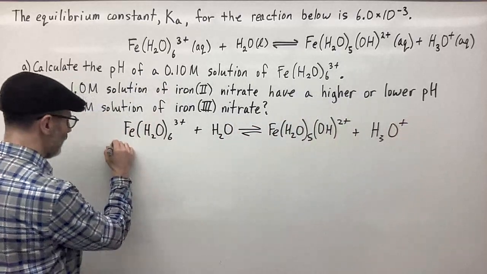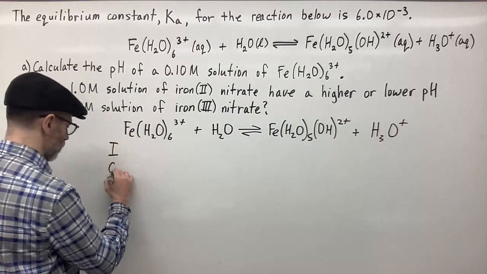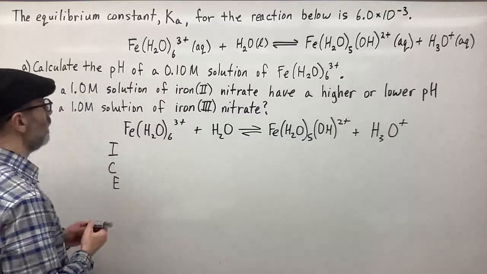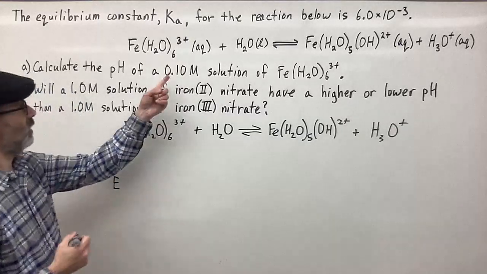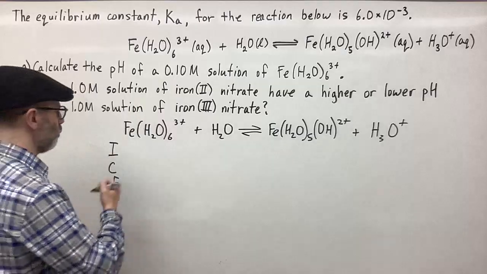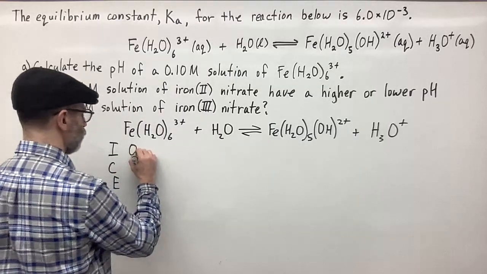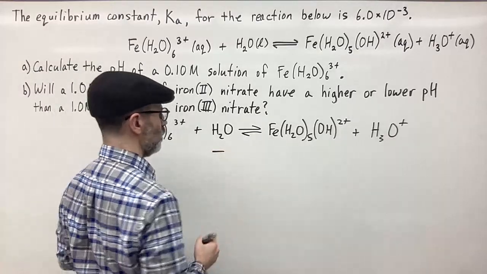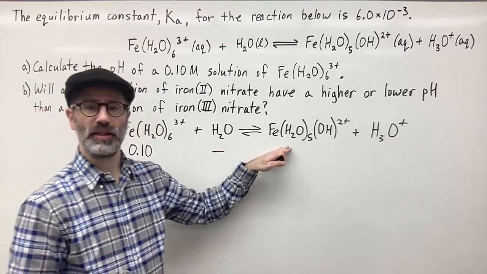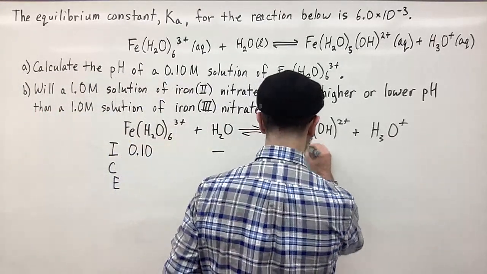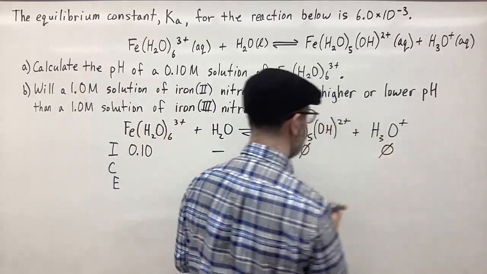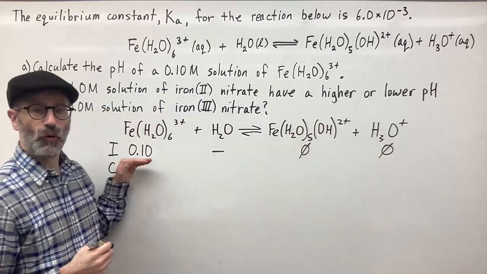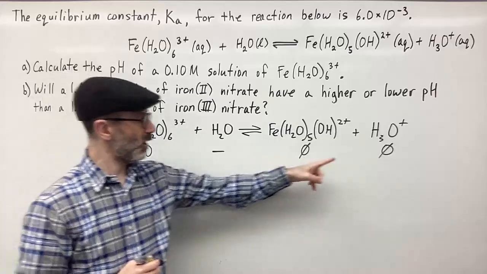And then I do my ICE table like so. So the initial concentration is 0.10 molar, so we'll put that here, 0.10. We're going to ignore water. And so to start with, these are going to be 0 in concentration. So therefore, it's going to shift this way to make product.